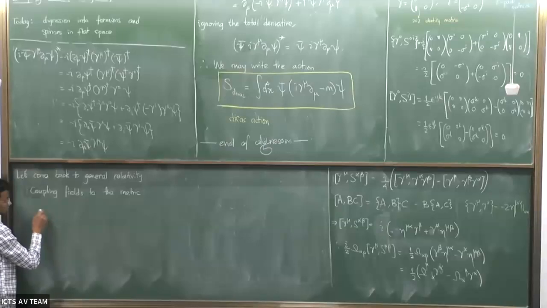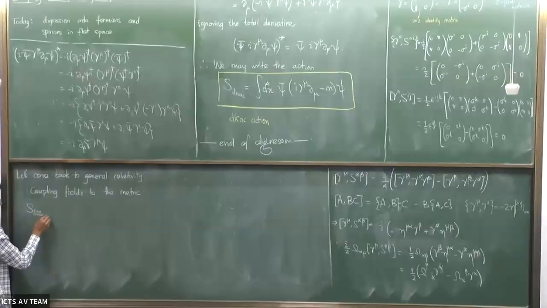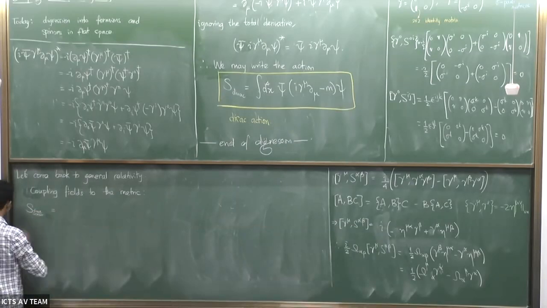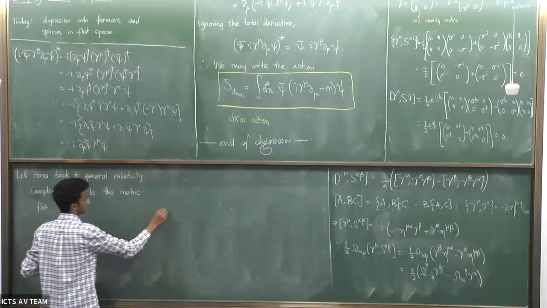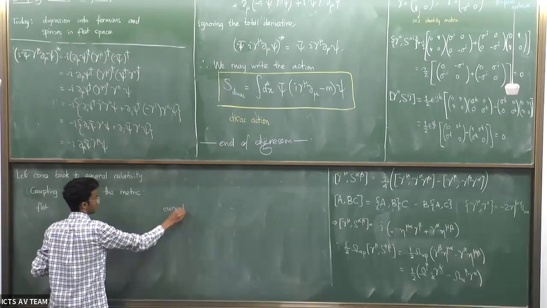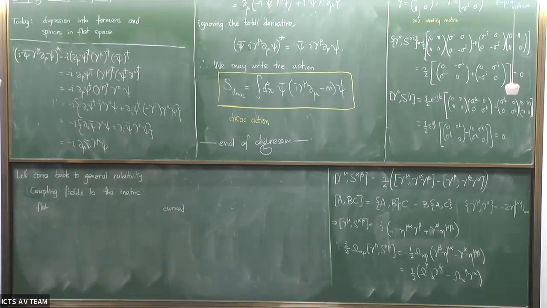If you have a scalar field, we found that a free scalar couples to the metric. I mean, it's a ghastly notation, but what can you do? Flat space time, curved space time. In flat space time, we know how to write down a free scalar.